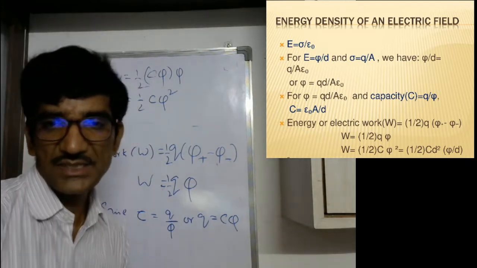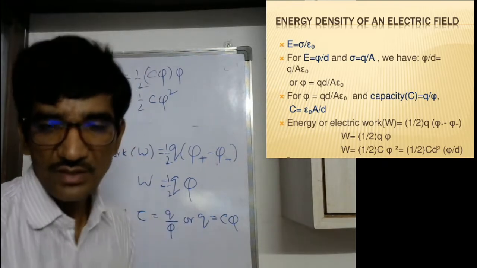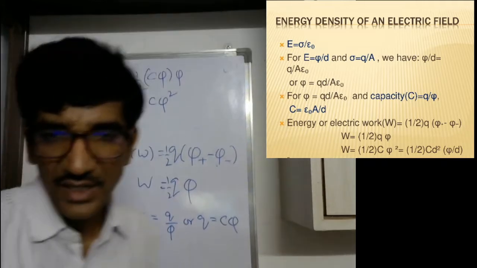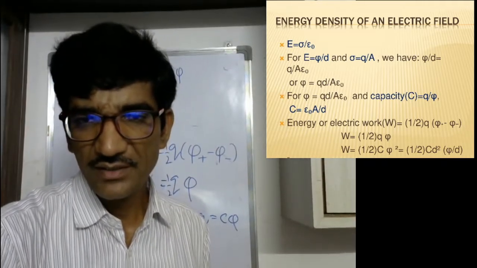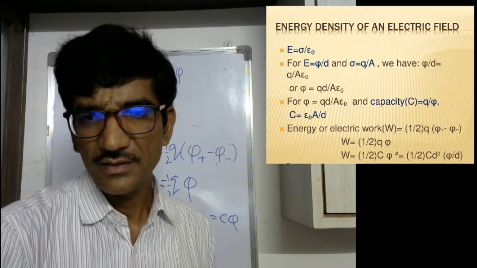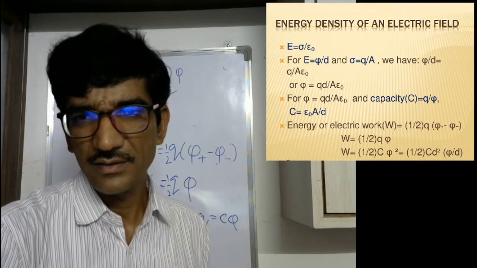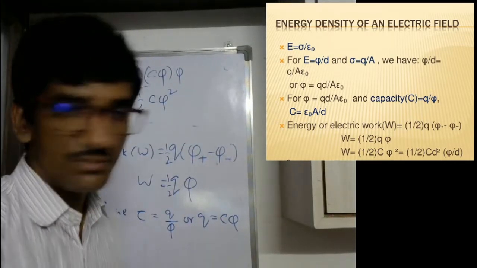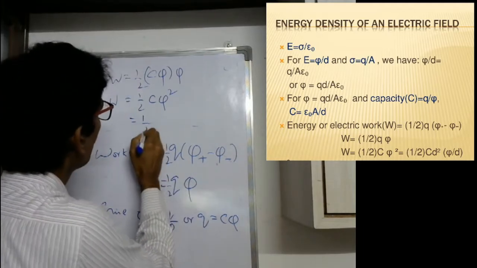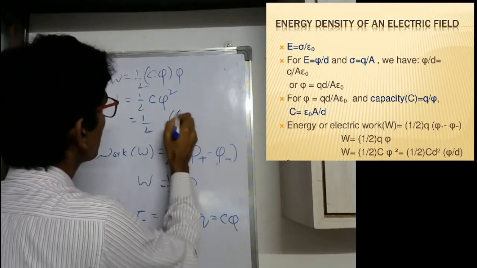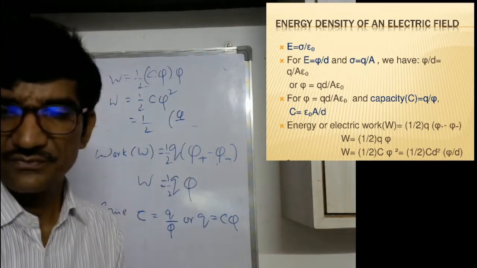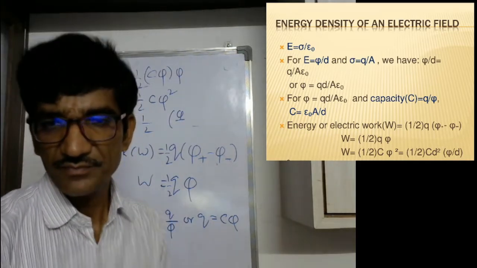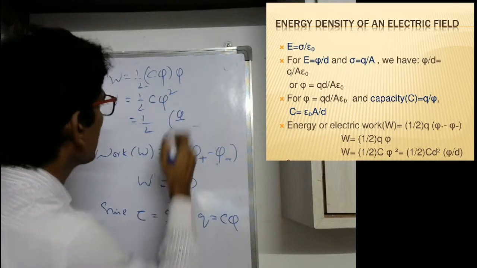Let us do some modification to this formula. Half of C, and we have phi square.